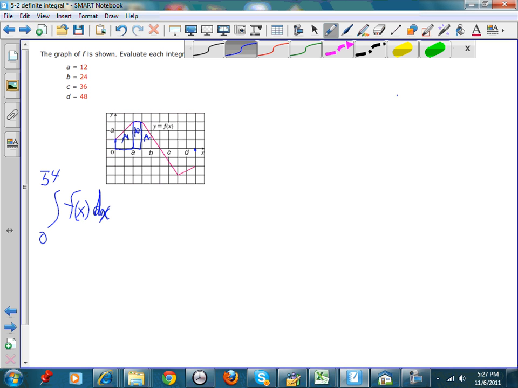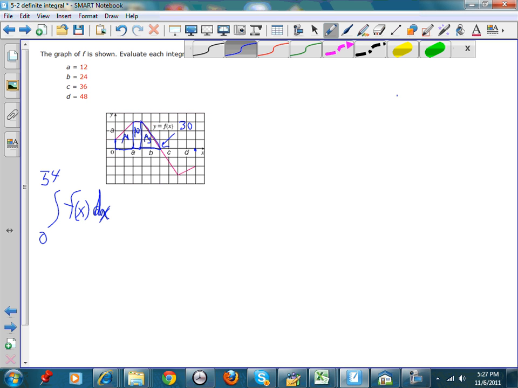A3. A3 is going to go from here up to there. Now notice these are all positive areas, so that's going to be A1, A2, and A3. That's going to be the integral from 0 to B, which is 24. That must be 30. This is 30.